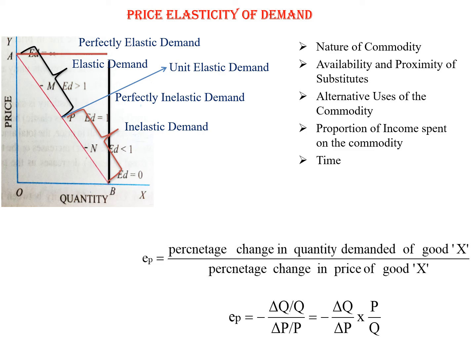Time is very important, because if you give more time, then definitely the consumer will adjust consumption practices in a quicker way. Suppose you are producing an agriculture product. According to the rules, agriculture product has perfectly inelastic demand. Suppose the same product is stored in cold storage, then time utility will increase.